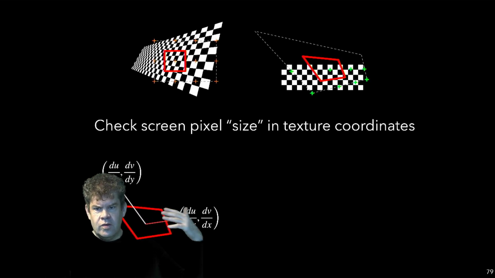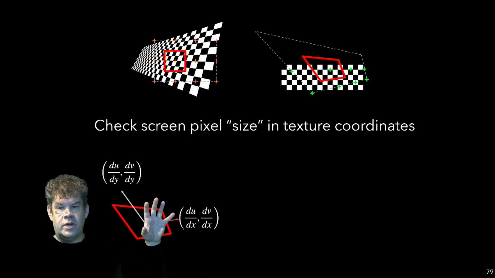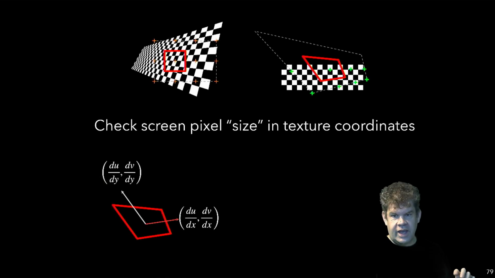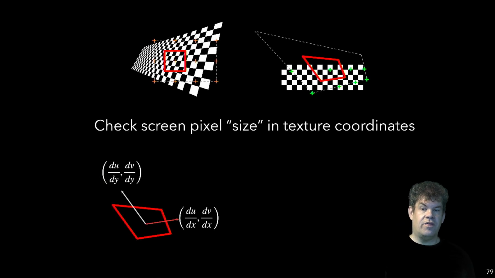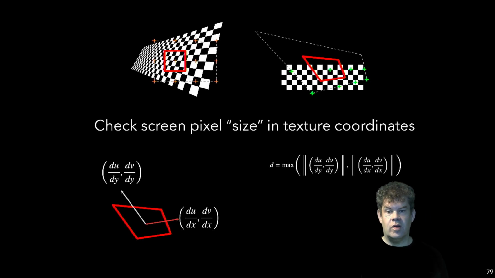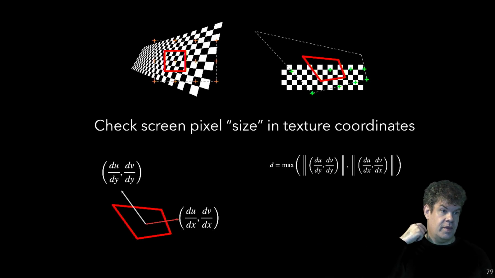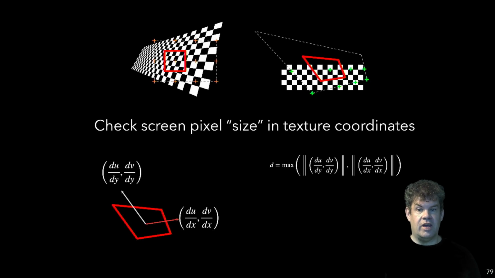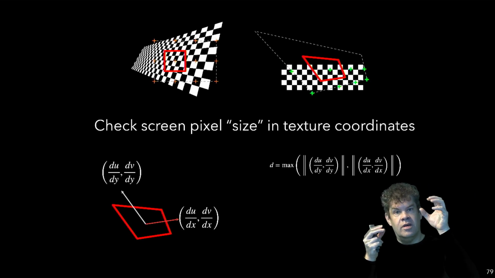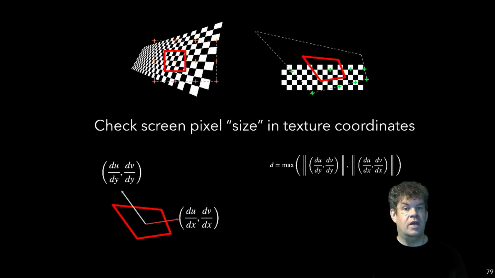What I can do is look at those partial derivatives, or, if you don't like calculus, simply look at the length of those two arrows and pick the longer one. That's where the maximum comes from. The longer that length is, the lower the resolution of the image has to be.